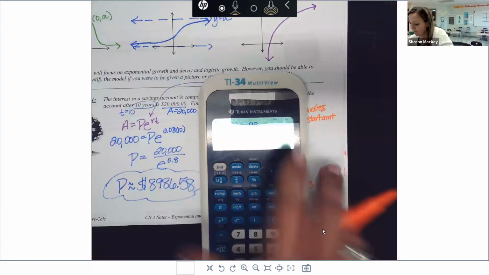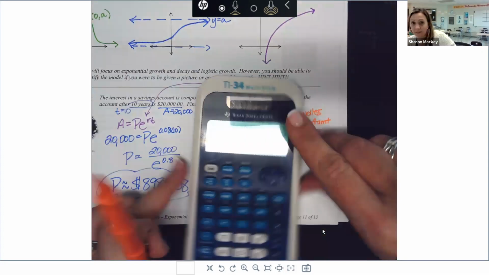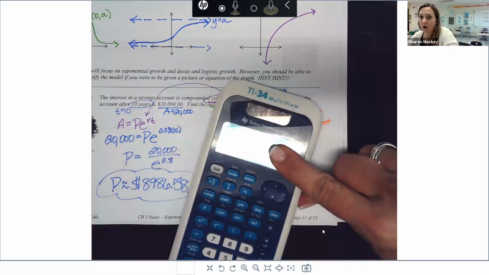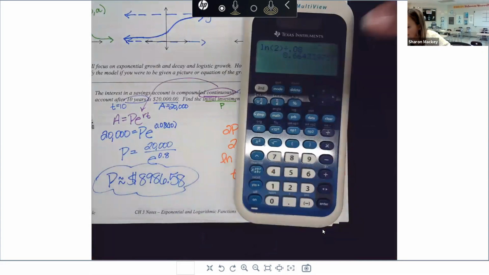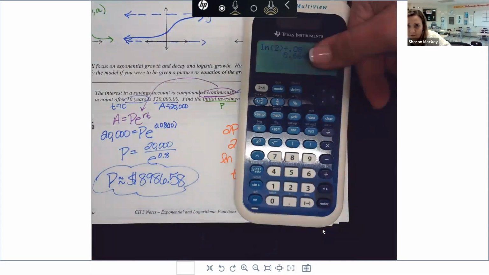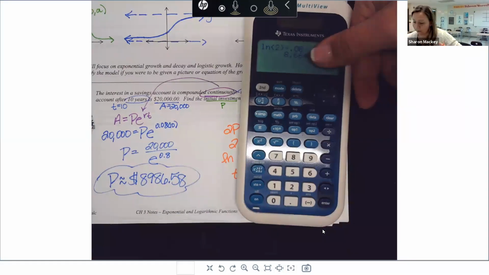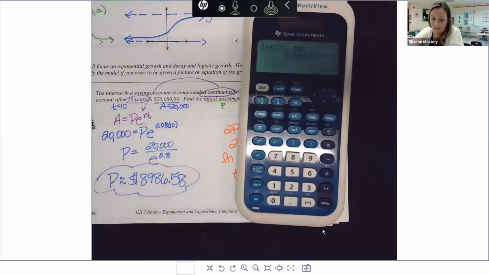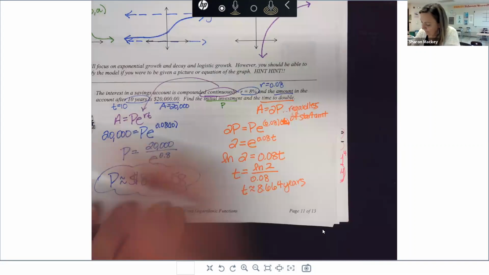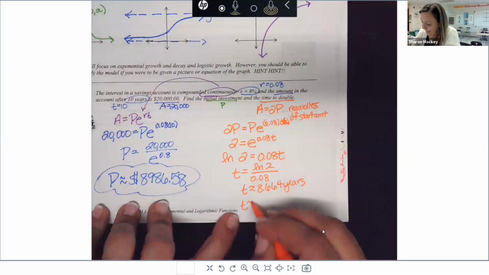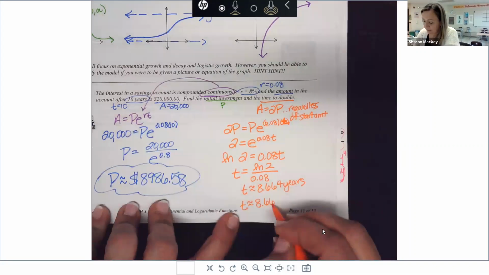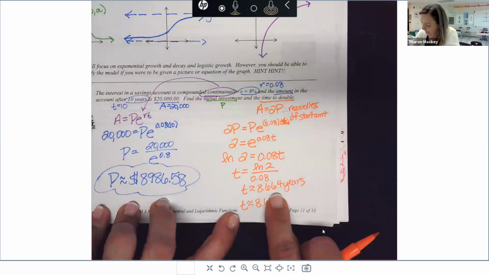But remember that we want it to double. If we cut off after 8.664 years, we wouldn't quite make it, would we? Like there's more of it to go. So if someone's going to be super nitpicky, they might say, you know what, if I need the time to double, the 8.664 years isn't going to cut it.